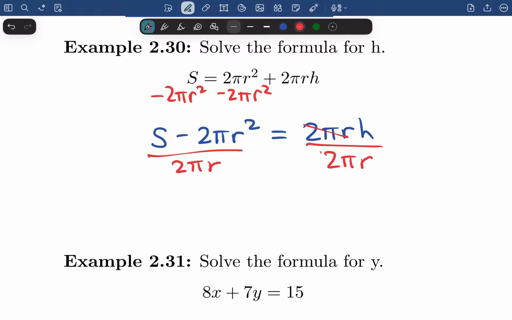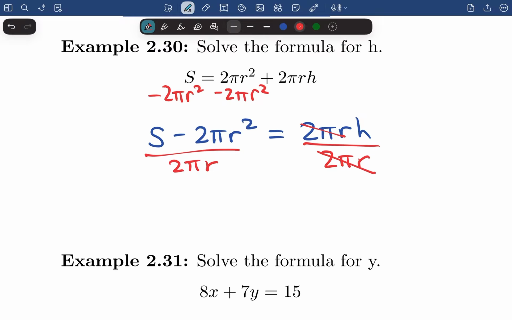We see that these cancel. We have now gotten h all by itself. So h is s minus 2 times pi times r squared, divided by 2 times pi times r.